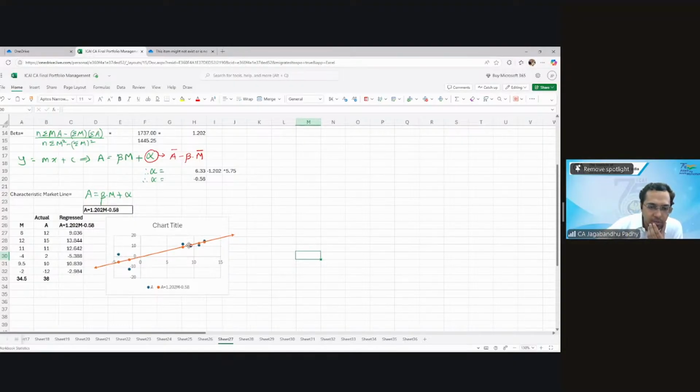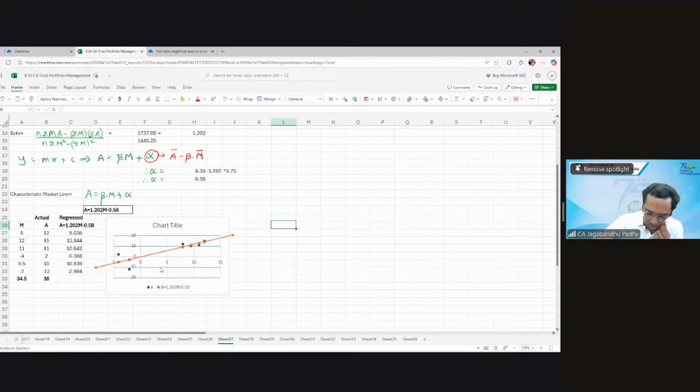We have the blue dots, which are the actual returns, and the orange ones, which are the estimated ones. The estimated ones form a straight line.